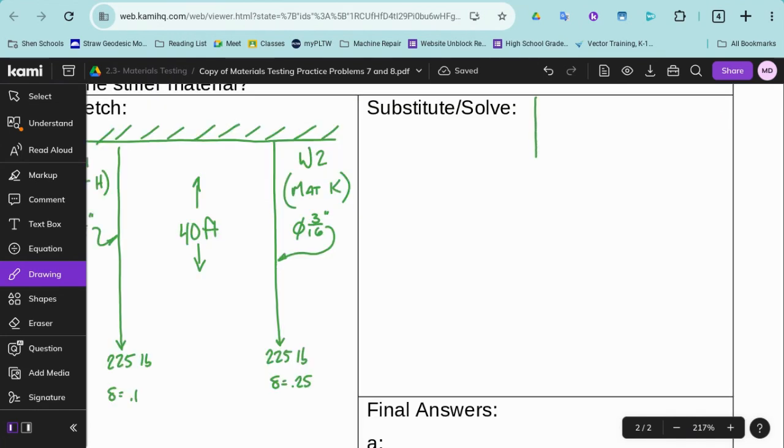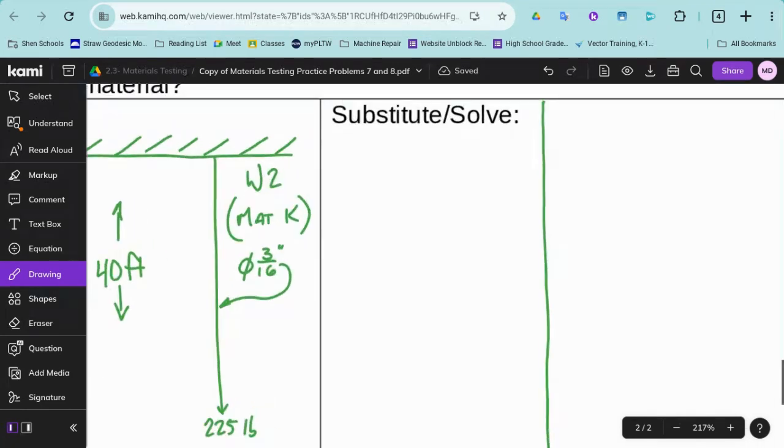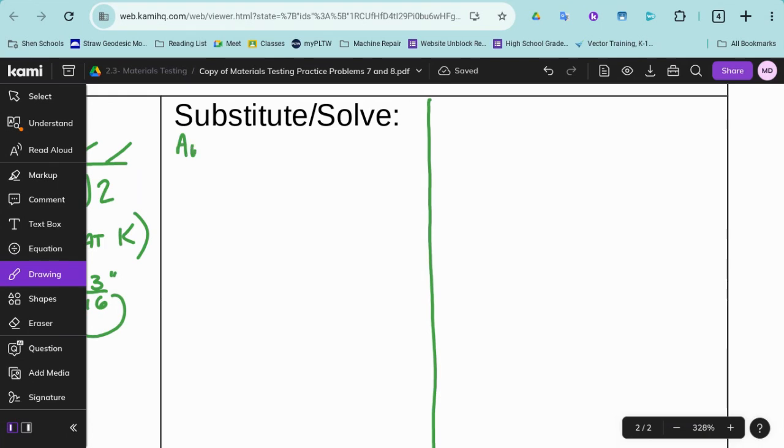So I'll divide this right down the middle, and we will work out wire 1 on one side and wire 2 on the other. Our area for wire 1 equals pi r squared, and our radius is 0.1875, again half of 3/8, which works out to 0.1104, and so on. I'm just shortening that. That's what that underline means.